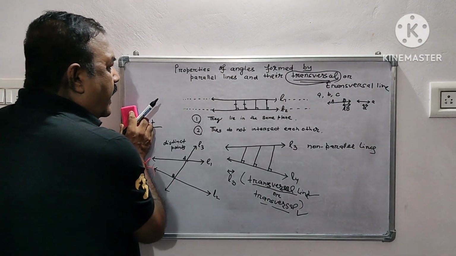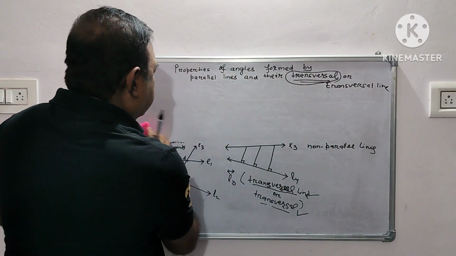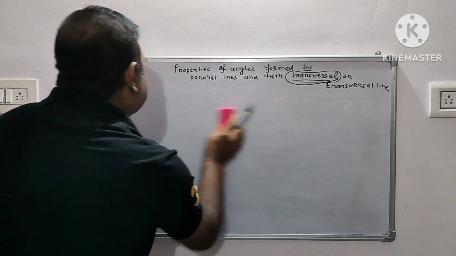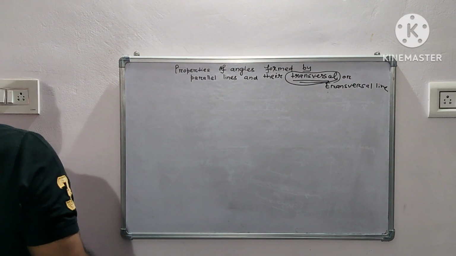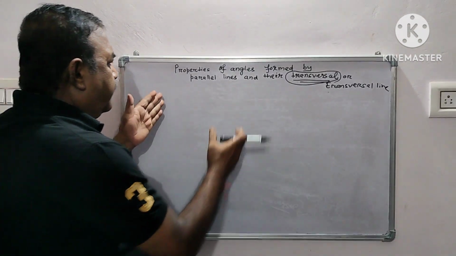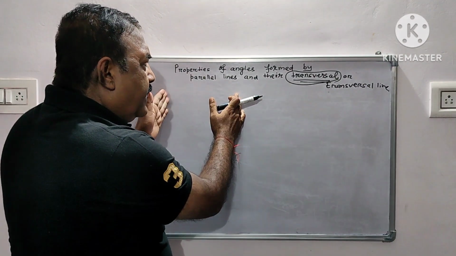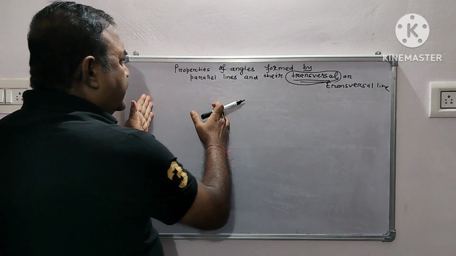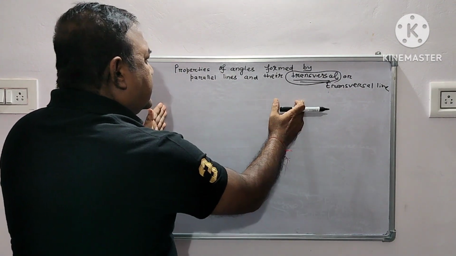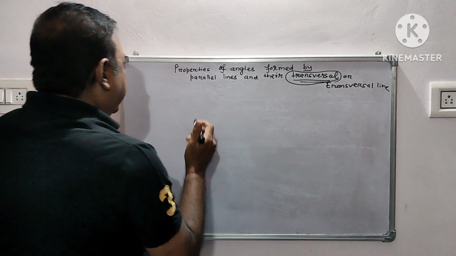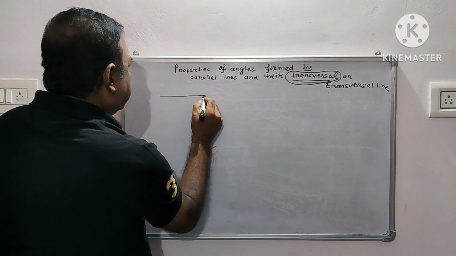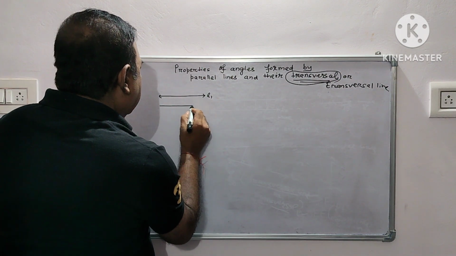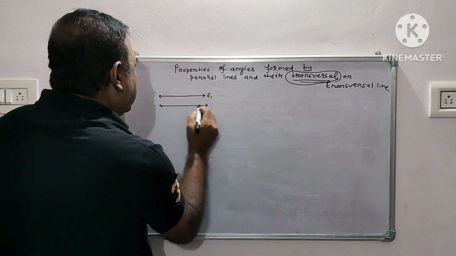So I erase it. Suppose I represent here two parallel lines and towards right two non-parallel lines, and in both cases I will use the transversal. You see, L1 is parallel to L2.